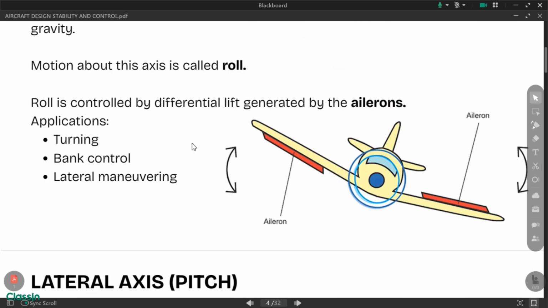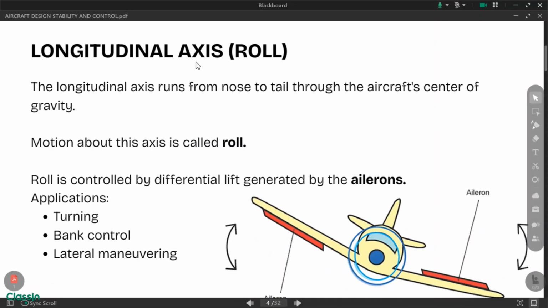Okay? That's why, by the way, going back here sa longitudinal axis, yung roll, again, yung motion about the longitudinal axis would be roll, but for rolling, ang tinatarget na stability ng rolling is the lateral stability. Okay? So, when we refer to the stability along the longitudinal axis, we're mainly talking about the rolling motion.